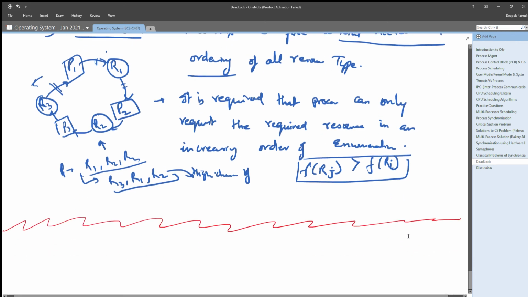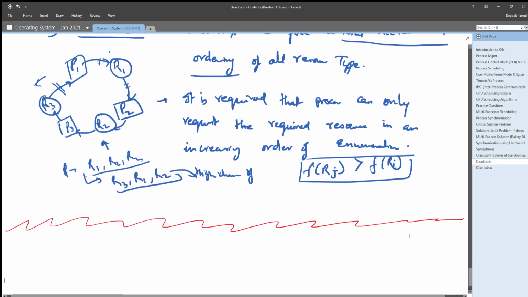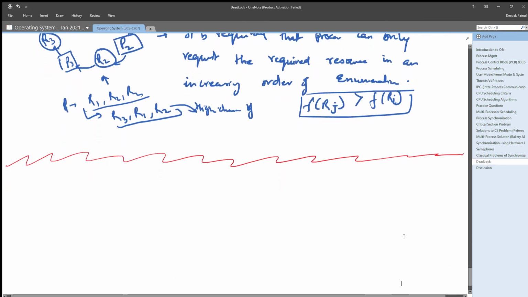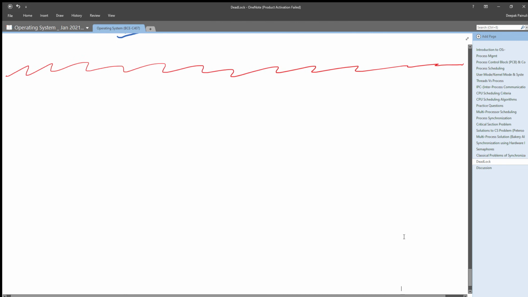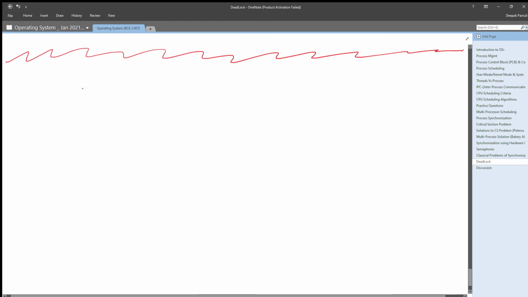Bifurcate the screen so that you can know that this is the next point we have. Second, we have the avoidance method, right? Avoidance method.